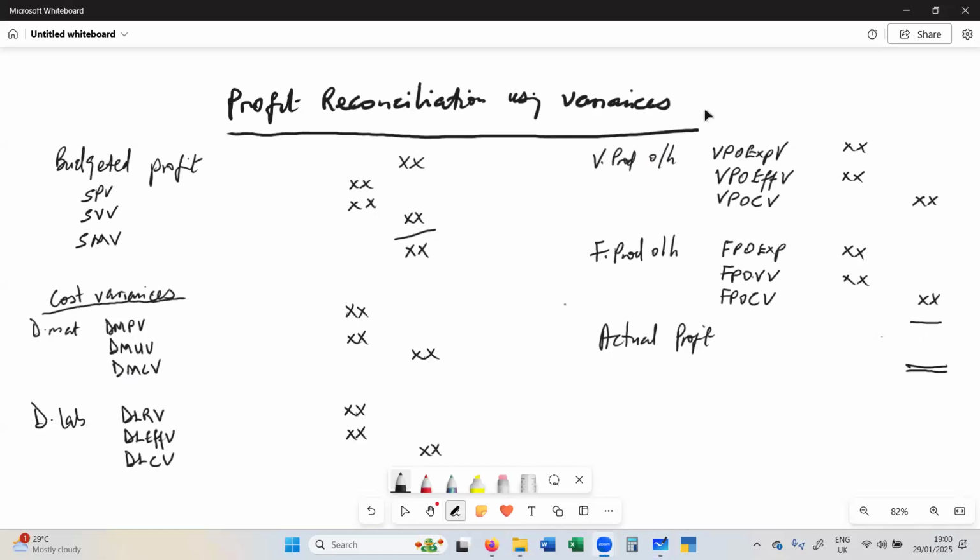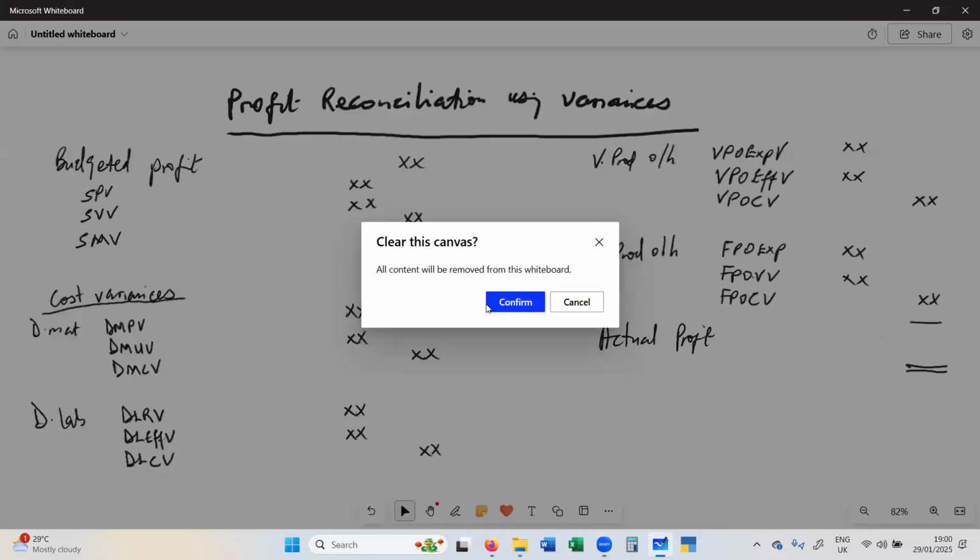Okay. Now let me continue. All right. So when it comes to working backward, simply it's just like change of subject. That is where, for instance, you know that in calculating our variances, we use models or formulas.